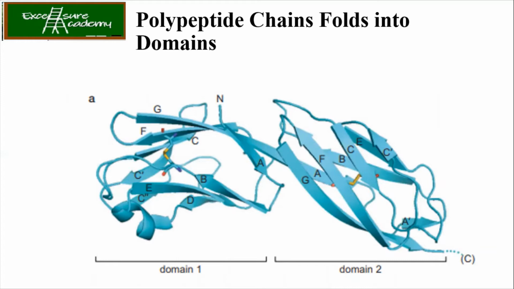Yes, anyone? Pratima? So what all secondary structures are present? Can you identify? Yes, anyone? Pallavi? Beta sheets. Yes, beta sheets and? Anti-parallel. Yes, so you can see that over here. Very good, Ranjan.